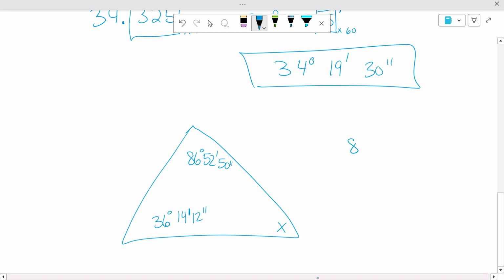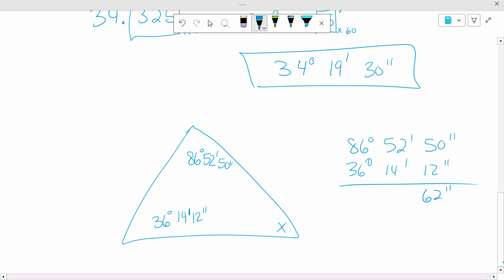So simply we take 86 degrees, 52 minutes, 50 seconds, and then 36 degrees, 14 minutes, and 12 seconds, and add them up. Should I start on the left-hand side or the right-hand side? Right-hand side. This adds up to 62 seconds.